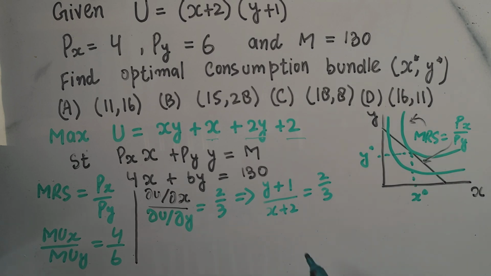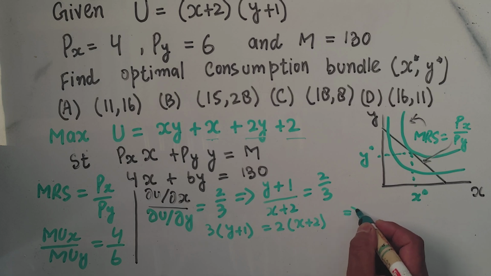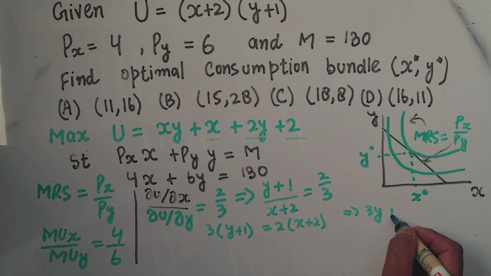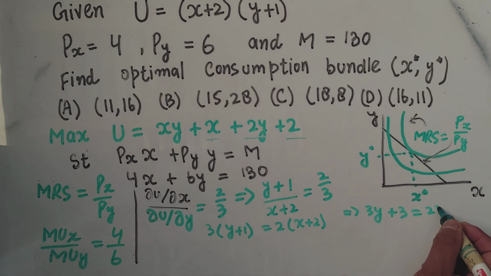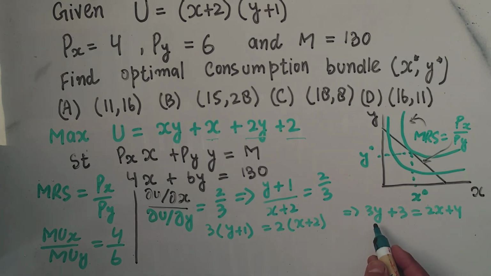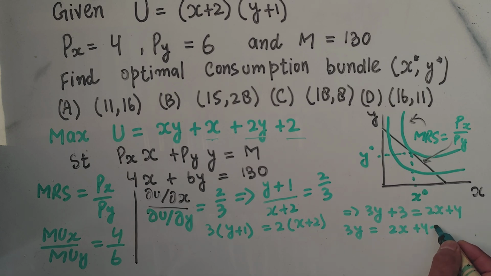Now let us do some cross multiplication here. So we have 3 times (y plus 1) is equal to 2 times (x plus 2). Solving further, we get 3y plus 3 is equal to 2x plus 4, or 3y is equal to 2x plus 4, transpose it here, it gets subtracted, so we get minus 3.